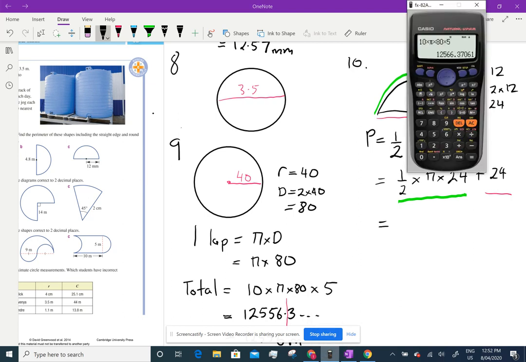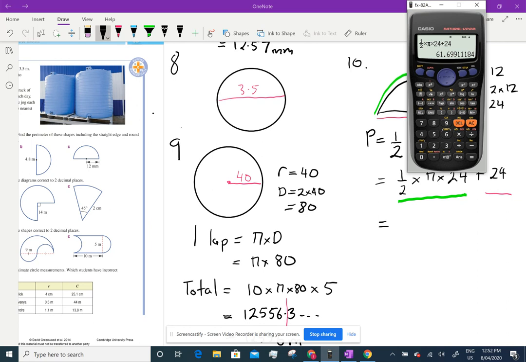Then I just go to my calculator. A half times pi times 24 plus 24. And what are we going to? Let's assume 2 decimal places.